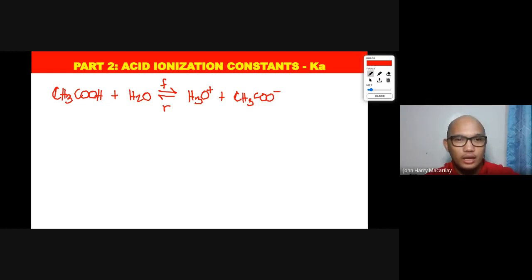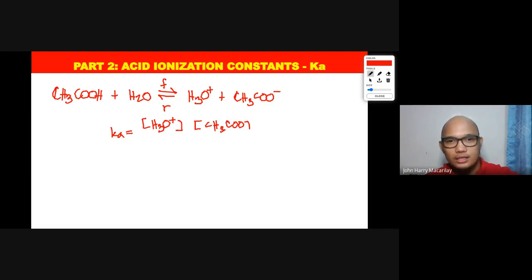So here, we can assume that your Ka is equivalent to your product, the hydronium ion concentration times your acetate ion. The bracket here represents molarity. And then you also have your reactant, which is your acetic acid times your water.